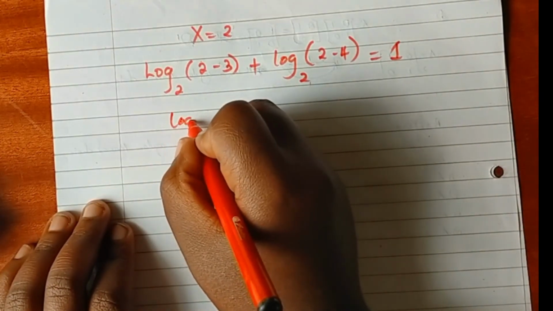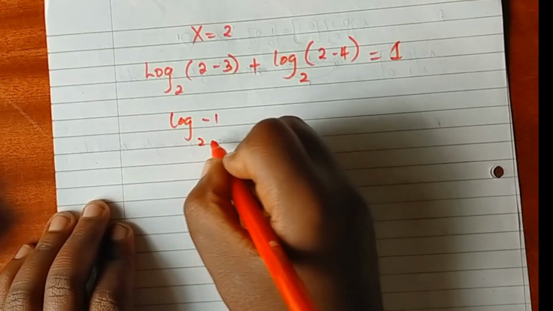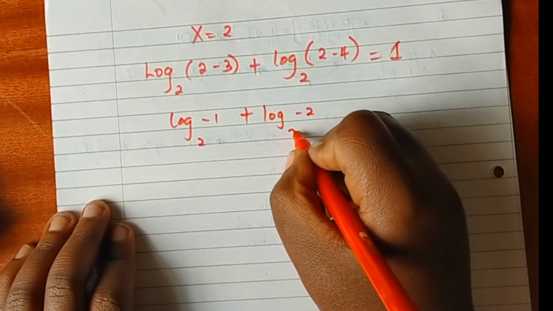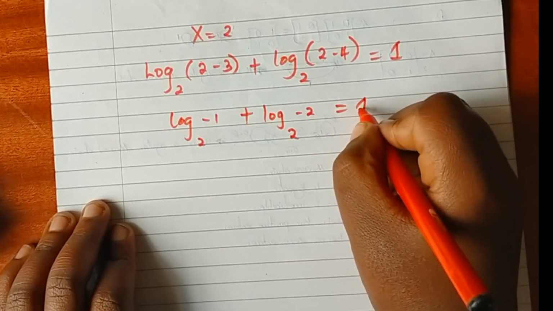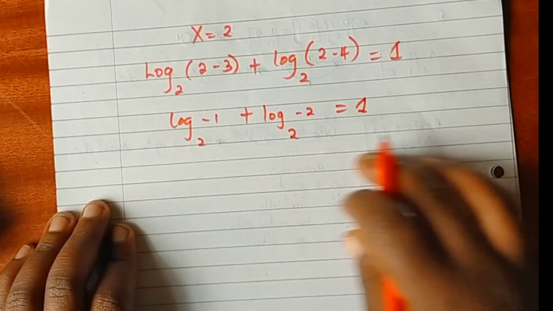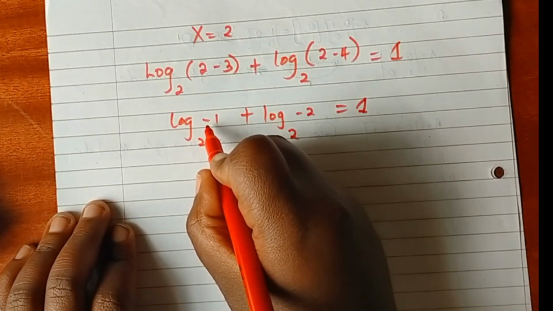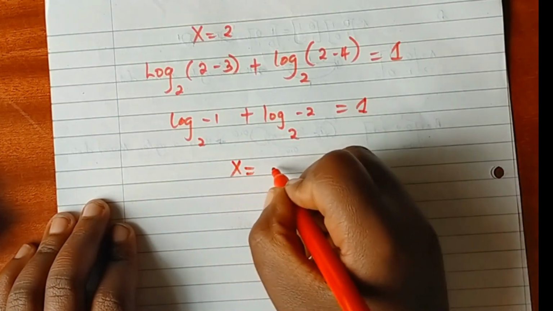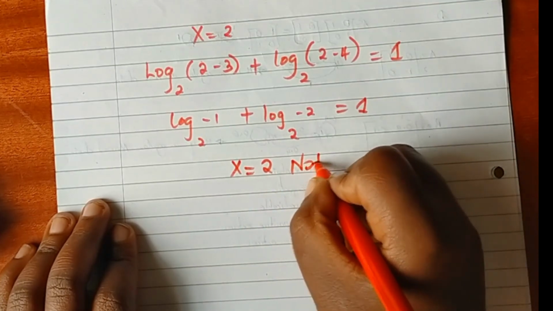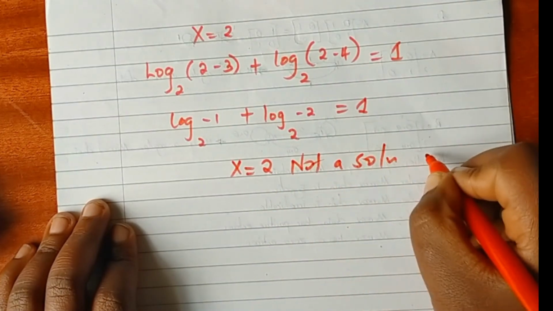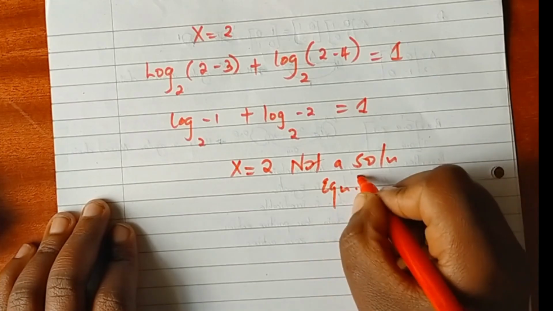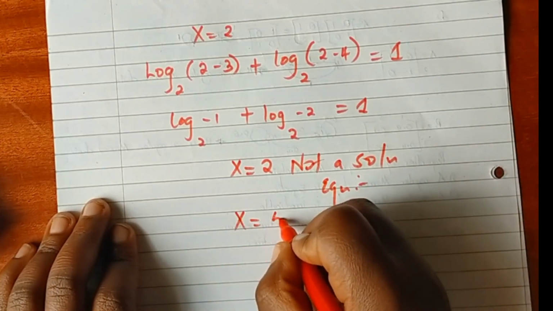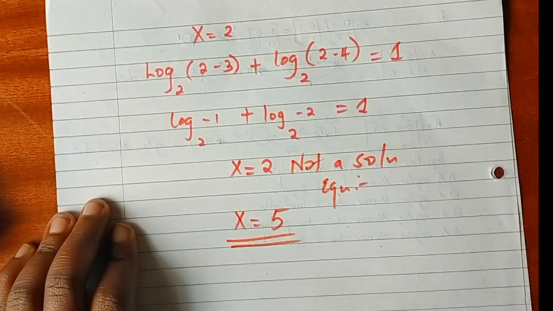This will be log of negative 1 to base 2 plus log of negative 2 to base 2. And logarithms are not defined for negative values, so x equal to 2 is not a solution to our equation, and therefore the only solution in this case will be x equal to 5.